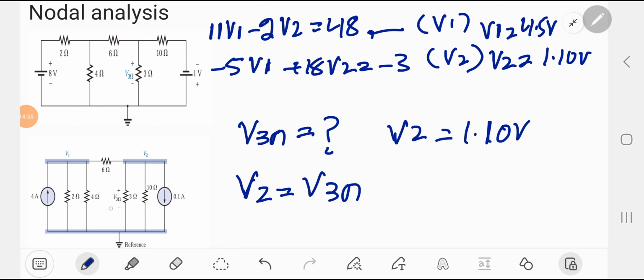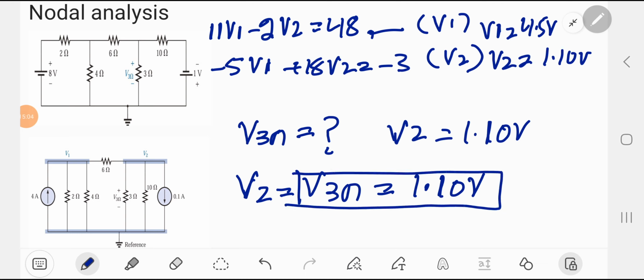So the voltage across the 3 ohm resistance is equal to 1.10 volt. So we found V1 and V2, and the voltage across the 2 ohm resistance is equal to V1, which is 4.5 volt. So this is the end of the lecture. Thank you for watching.